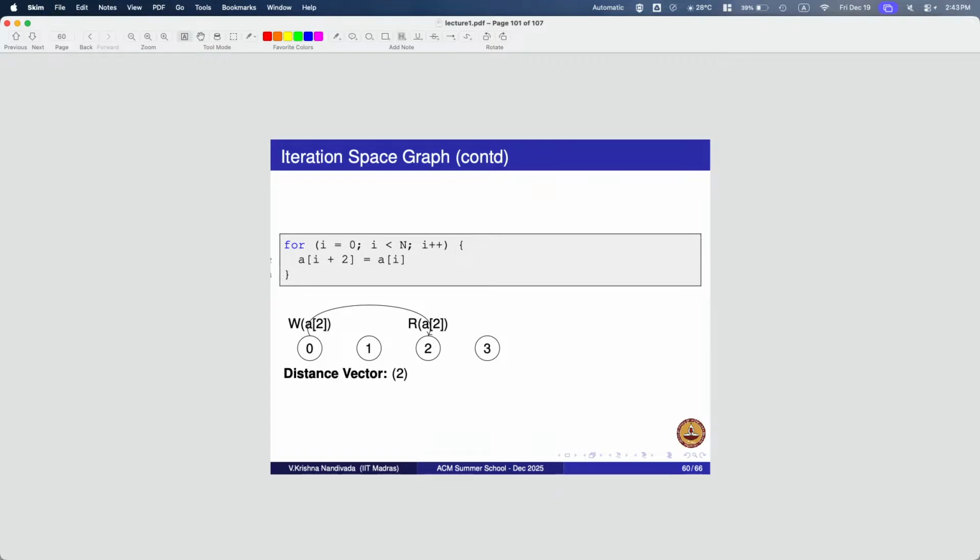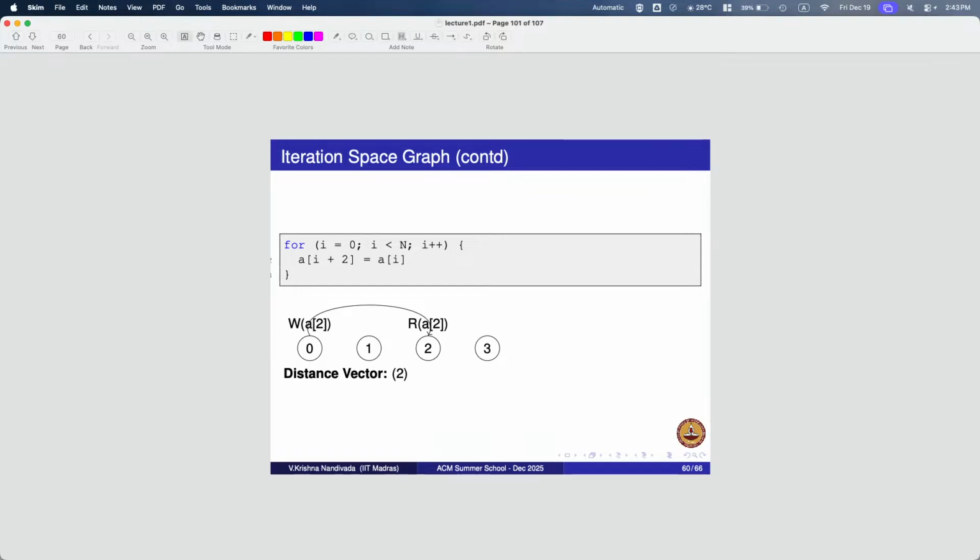So I'll make it start from 1, otherwise this becomes problematic. At iteration I equal to 1, j equal to 1, I am reading a sub 0 0, which should have been written before. So let's focus on I equal to 2, j equal to 2, or maybe just for my sake 2 and 3.